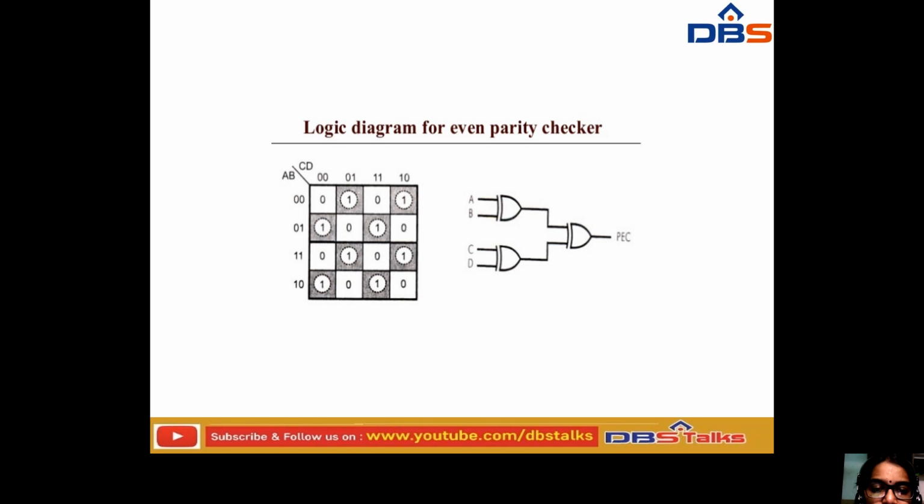This is AB and this is CD. To multiply that ABCD, we have drawn like this.